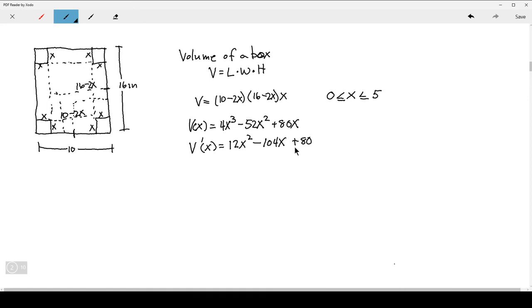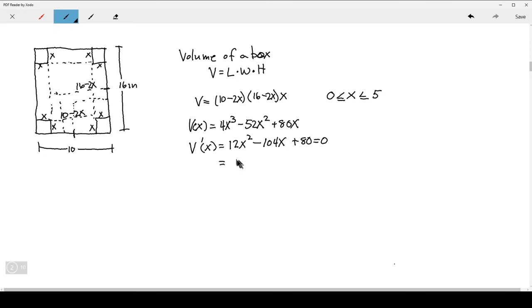All right. So now I can take out a 4. Everything divides by 4. When I take out a 4, because I need to set this equal to 0, and honestly I don't want to have to factor that.